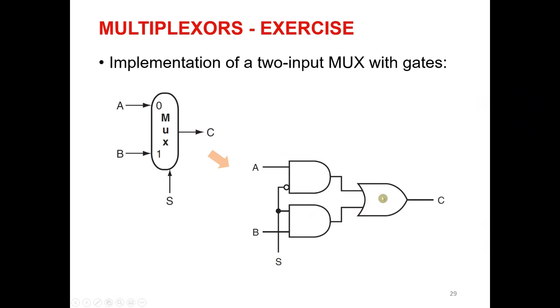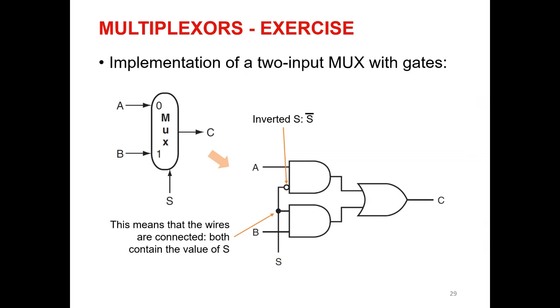Remember that this bubble means that the signal S is inverted, and this other point means that those wires are connected, so both contain the value of S. It's like a bifurcation. And this will represent the logic equation we have seen before.